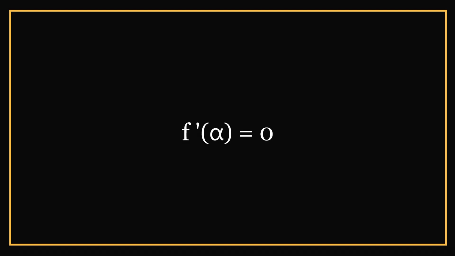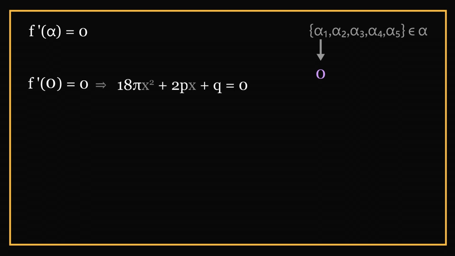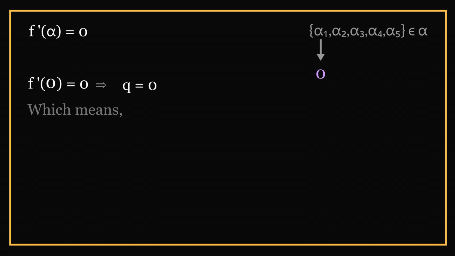Also, remember this? f(alpha) is equal to 0. We could say that any one of these possible values would be valid for f dash alpha equal to 0. Let's say f dash alpha 1 is equal to 0. Since alpha 1 is 0, we get q equals 0, which means f(x) is this.